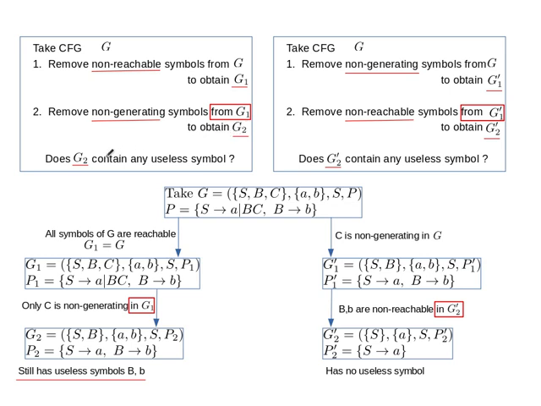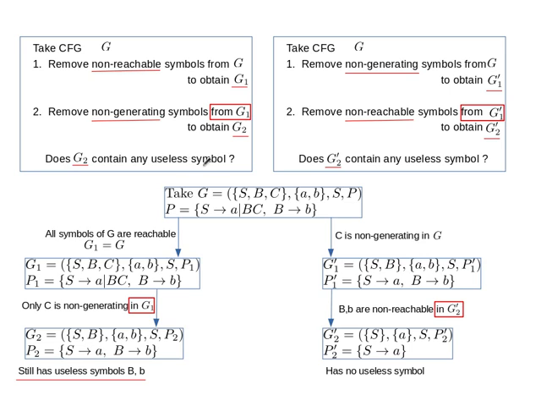Now in this step also, it is guaranteed that this G2 will be equivalent to G1, so the language doesn't change. But the question is, whatever we get here, does this contain any useless symbol?